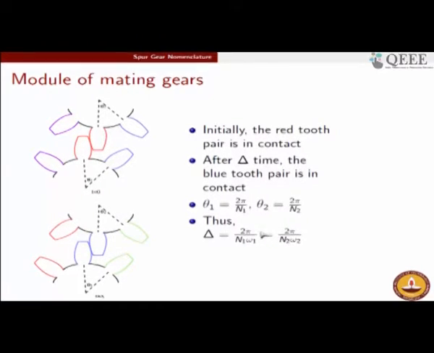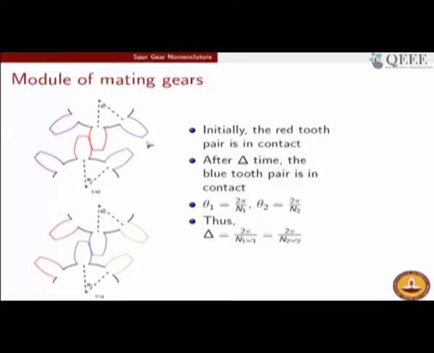Based on this consideration, the time taken for the blue tooth to cross a distance of theta 1 is theta 1 divided by omega 1, and theta 1 has been evaluated to be 2 pi by n1. Therefore, the time required for this blue tooth to come and sit in the position of the red tooth is 2 pi by (n1 omega 1).